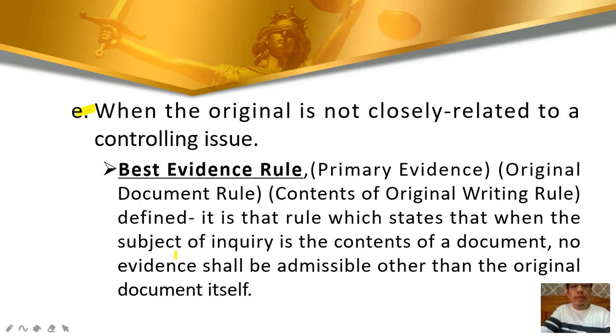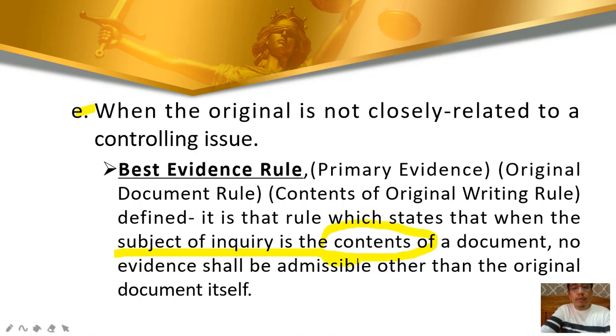So ito yung sinabi natin kanina, best evidence rule or primary evidence rule, original document rule, contents of original writing rule, refers to the rule which states that when the subject of inquiry is the contents of a document, no evidence shall be admissible other than the original document itself. So take note of this, subject of inquiry is the contents of documents.